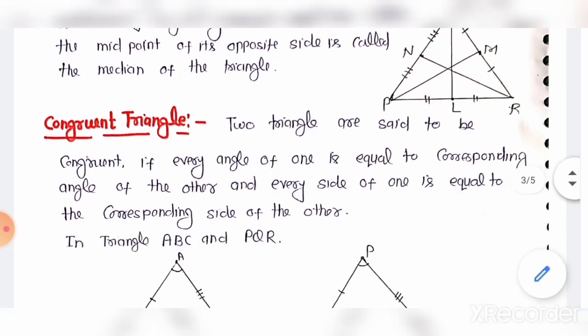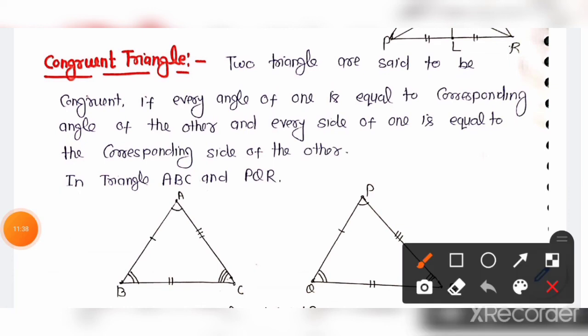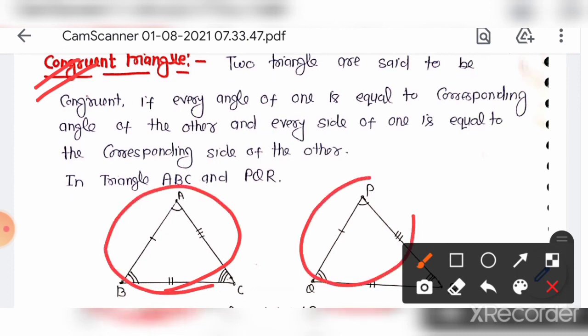Next point is congruency. Two triangles are said to be congruent if all corresponding angles and corresponding sides are equal. It means this is one triangle and this is another triangle.